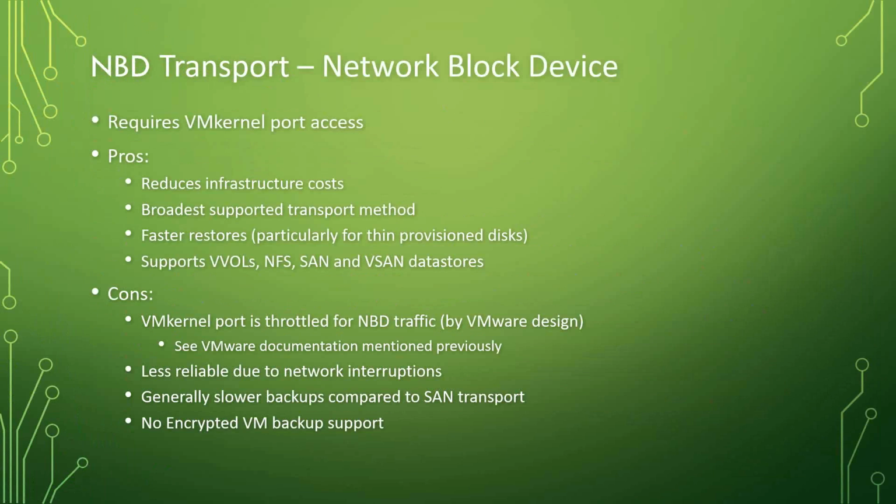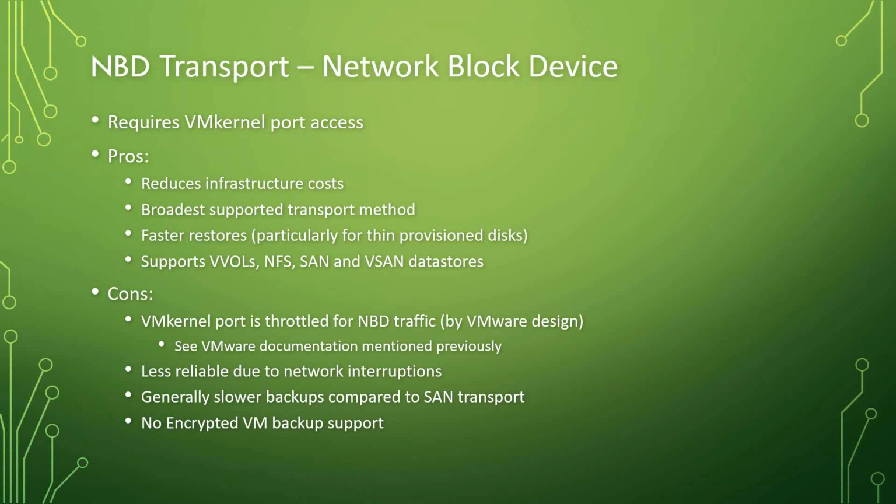It can be less reliable due to network interruptions. If something happens where you end up overloading your switch for whatever reason, like in a remote office, or if you do run into any kind of network-related issues, firewalls, anything else, it can cause your connections to break, and then your backups can fail.